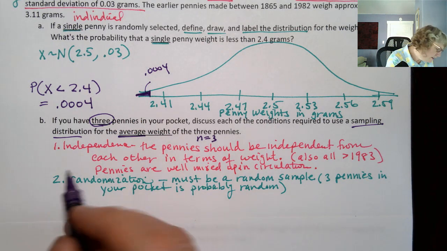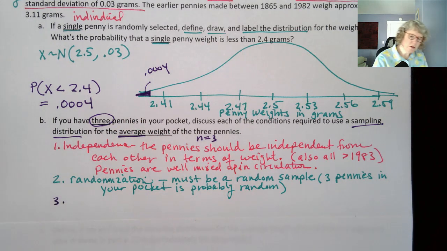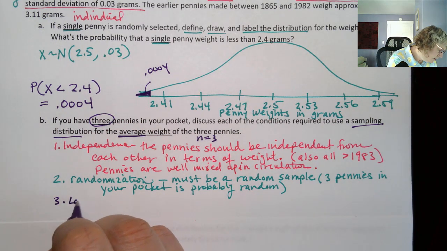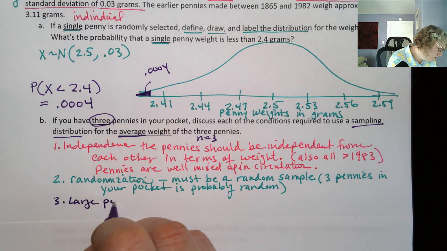Okay, so great. 1, 2. Our third one, remember, I'm looking at my notes. Look at your notes too, is the large population. So our population must be at least 10 times the size of our sample. So large population.